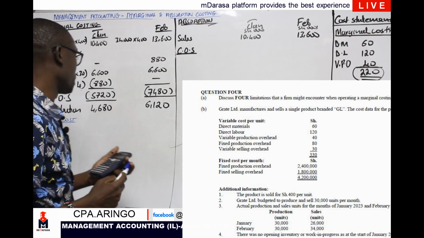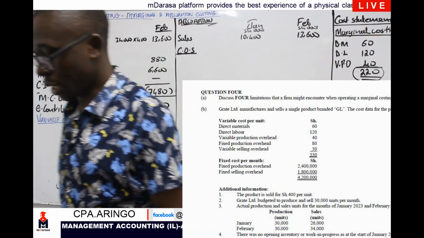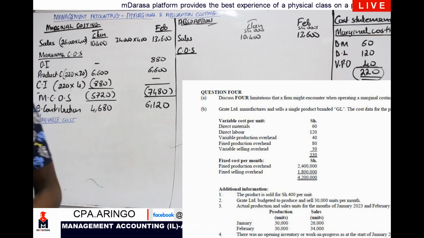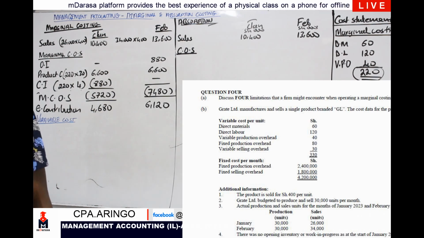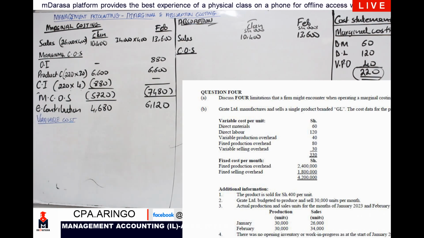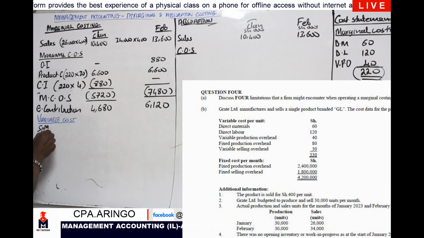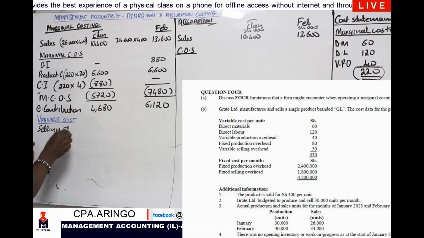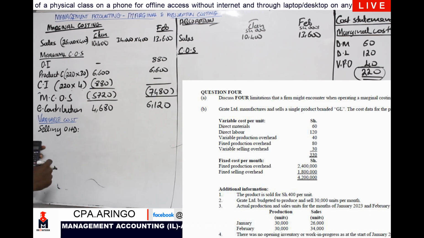I can clearly see I was given selling and distribution. Look at the statement where I was told variable selling overhead is 30. So I'm having variable selling OHD at 30 per unit.